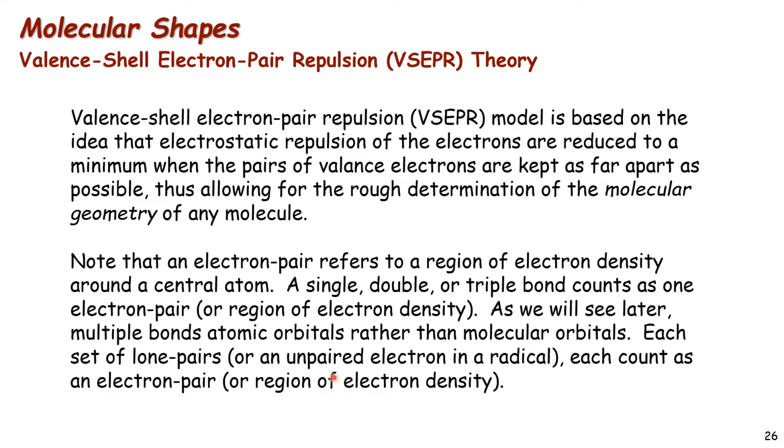Note that an electron pair refers to a region of electron density around the central atom. So a single bond, a double bond, or a triple bond simply counts as one region of electron density. And the lone pair electrons also occupy one space, so that will also be a region of electron density.